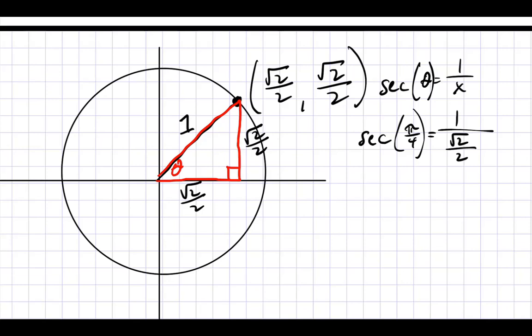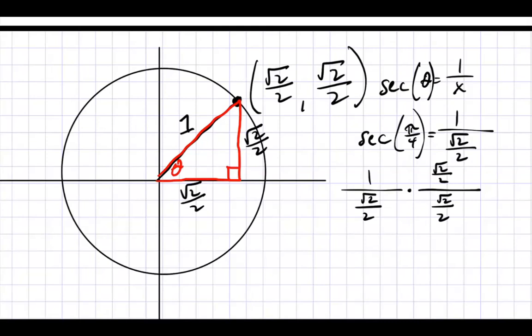Now, you can't leave it like that because there's a root on the bottom. So you're going to have to rationalize it a little bit. Rationalizing means multiplying by whatever is causing the issue.